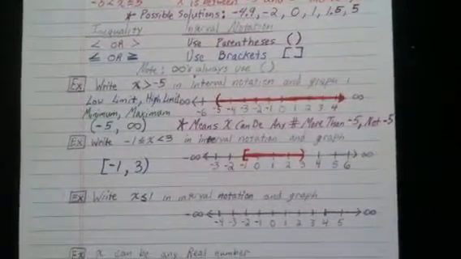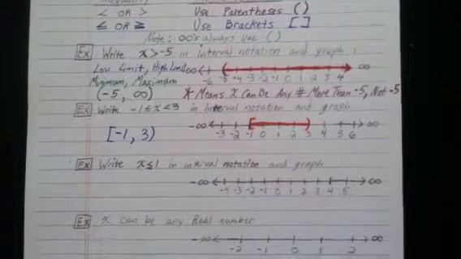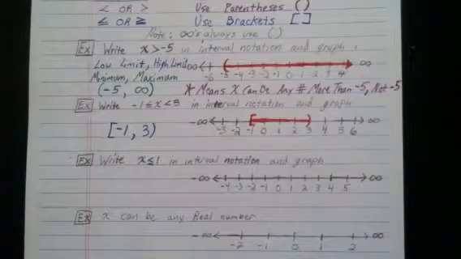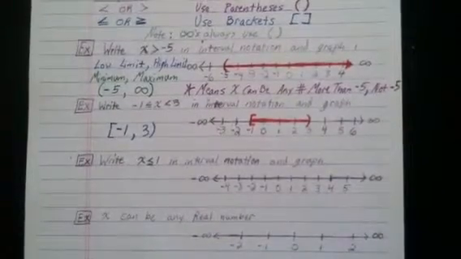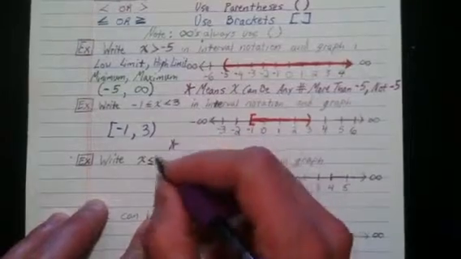A couple more examples here, some special cases, and maybe not. Next example is that x is less than or equal to 1. Oh, here, before we do that, I like to write in here what does it mean.